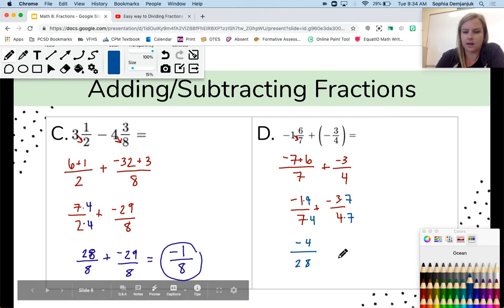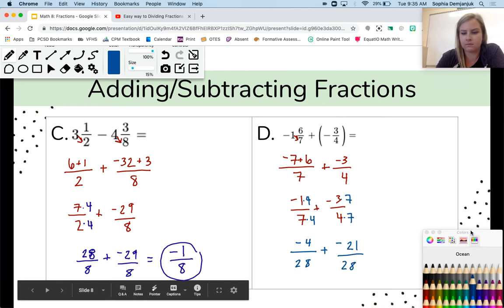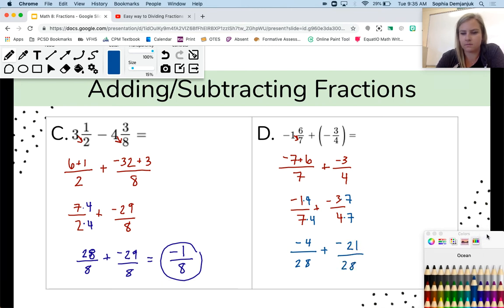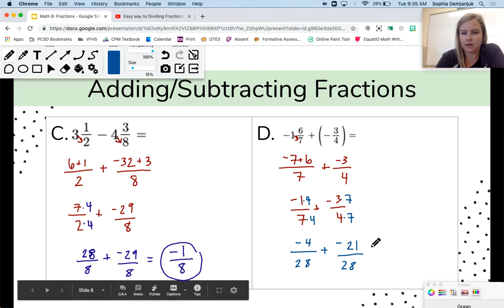Second fraction, negative 3 times 7, leaves me with a negative 21 over 28. Add across the top, negative 4 plus negative 21, same sign, so it stays negative. 21 plus 4 gives me 25 over 28. You cannot simplify it any further.